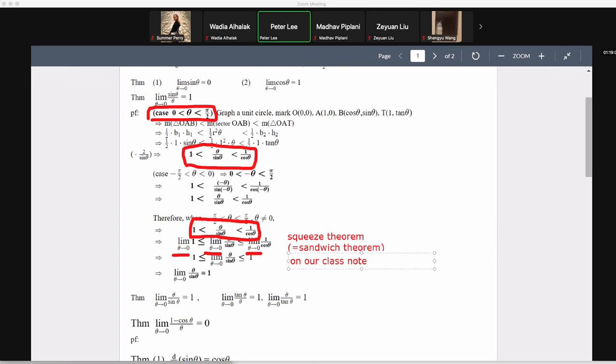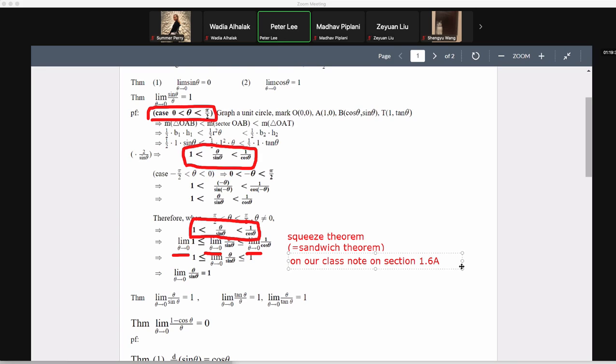If you go back to the section 1.6a notes, on the second page you will see the sandwich theorem or the squeeze theorem. I skipped it at that time, but now it's covered.